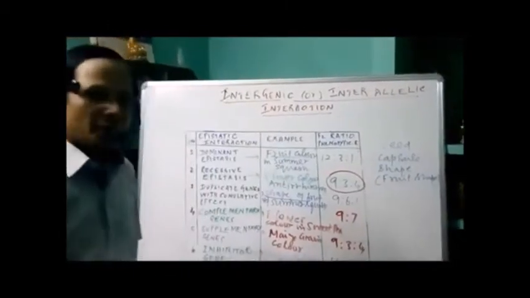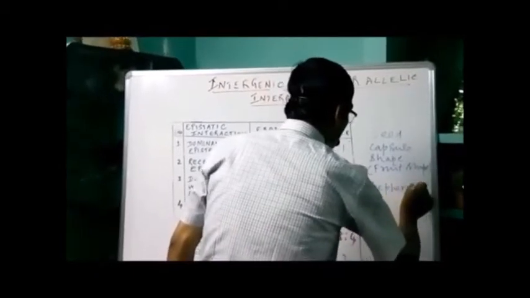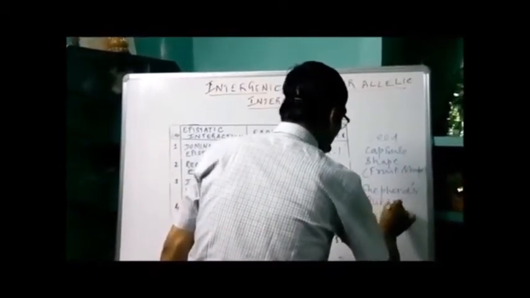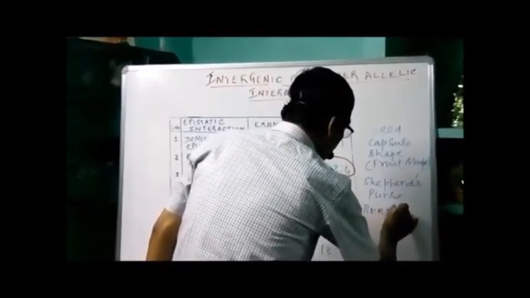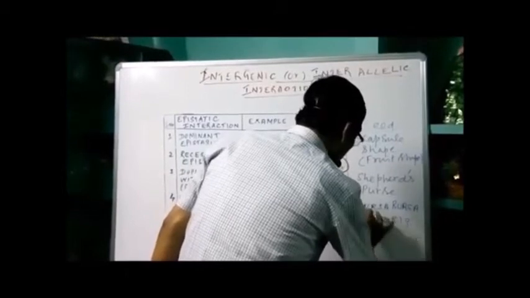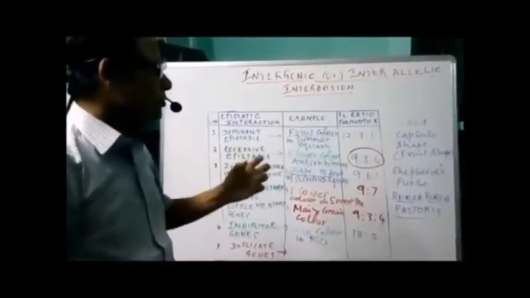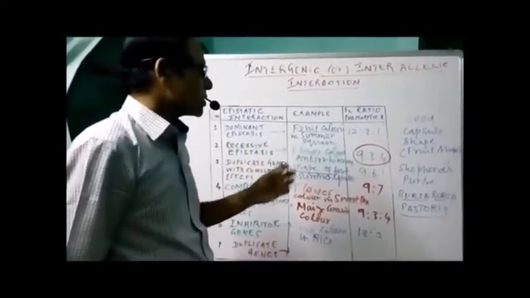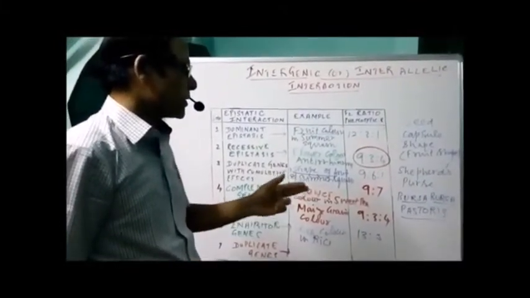It is in a variety commonly known as shepherd's purse, and the binomial is Bursa pastoris. So in the case of the last one, duplicate genes, we are taking the seed capsule shape, that is the fruit shape, of the plant commonly known as shepherd's purse, scientific name Bursa pastoris.